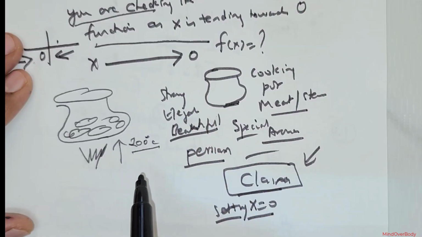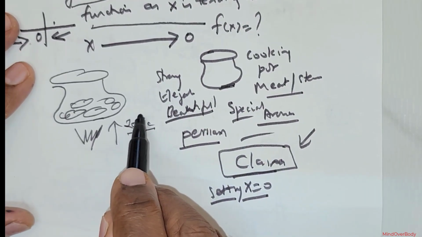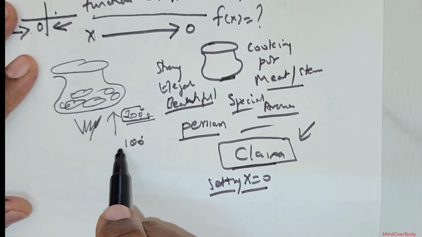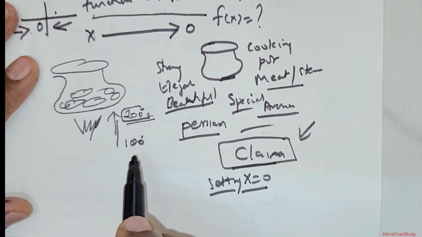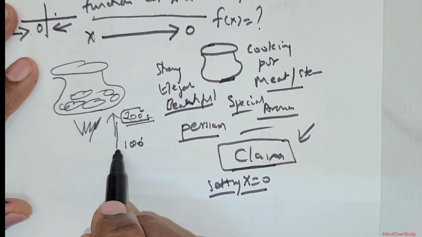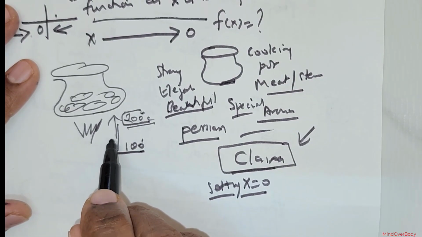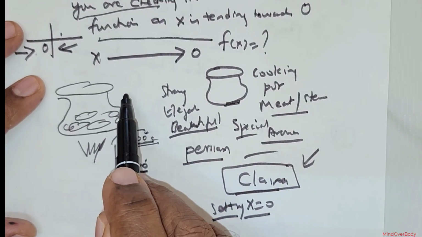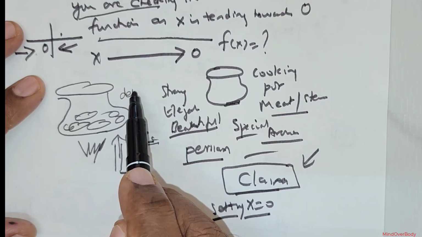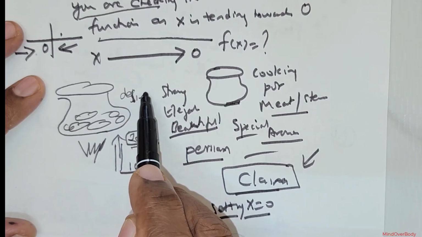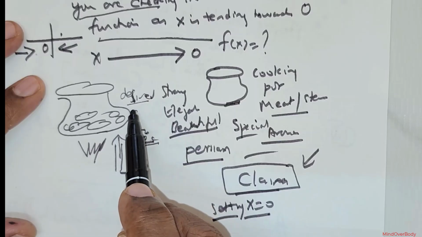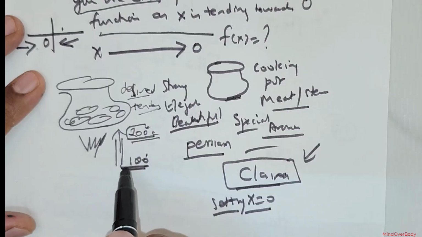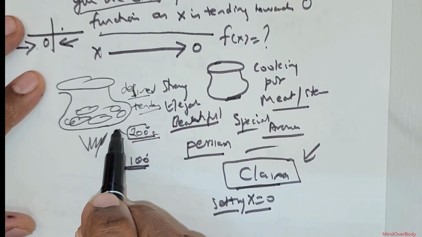Let us assume. Of course, we know that water boils at 100 degrees, right? Now this is beyond the 100 degrees mark, so that the cuisine is achieving its desired point. This is the desired level of softness and tenderness, whatever you want. From 100 degrees onwards, the temperature is moving towards 200.